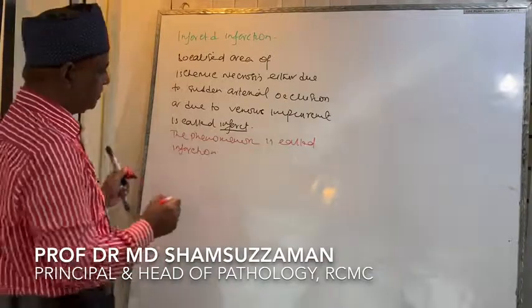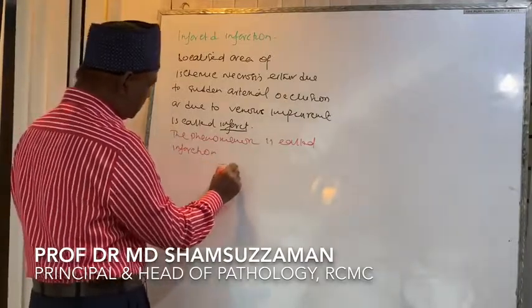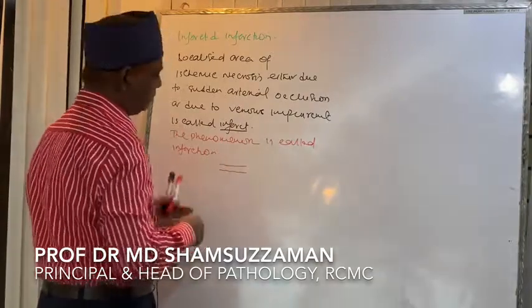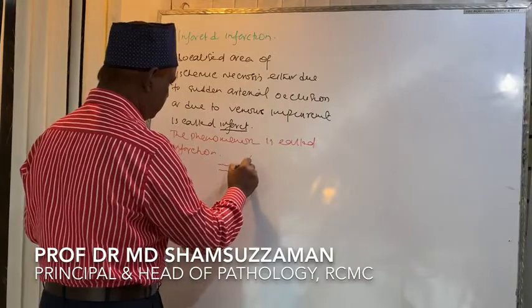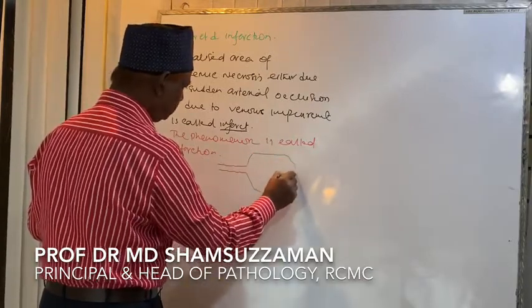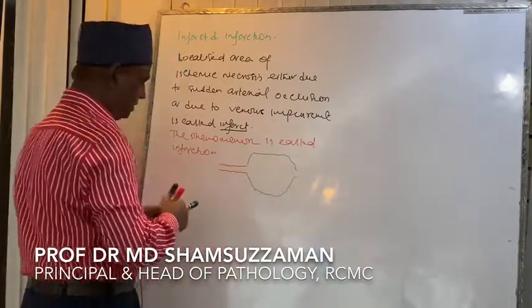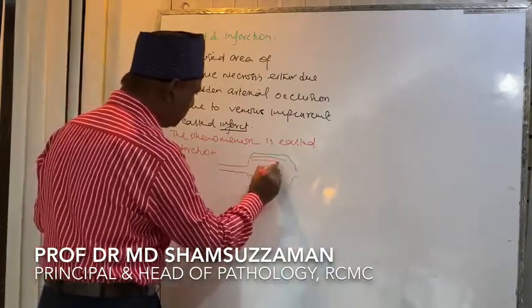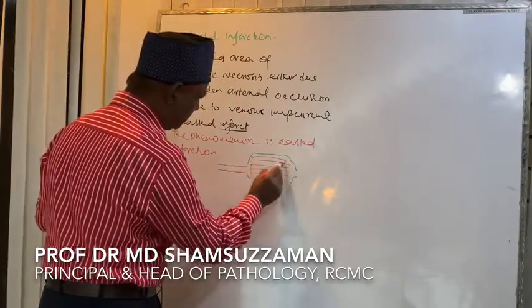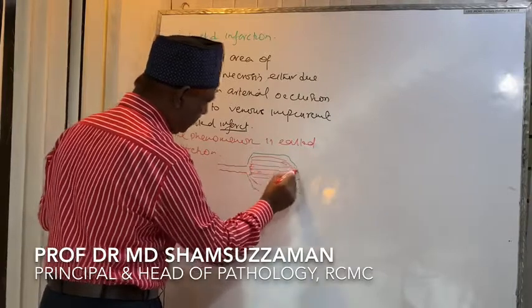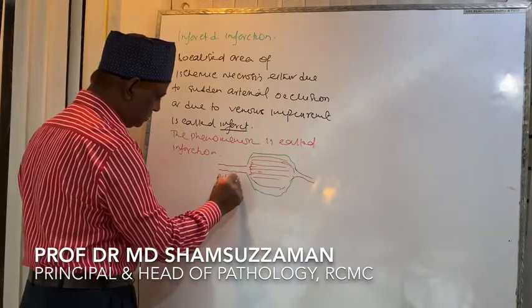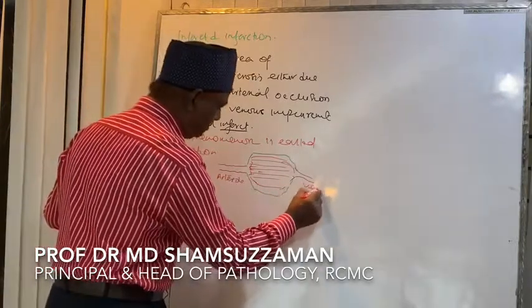Dear audience, suppose this is the arterial side, this is the tissue, and within the tissue these are the capillaries, and this is the venule.